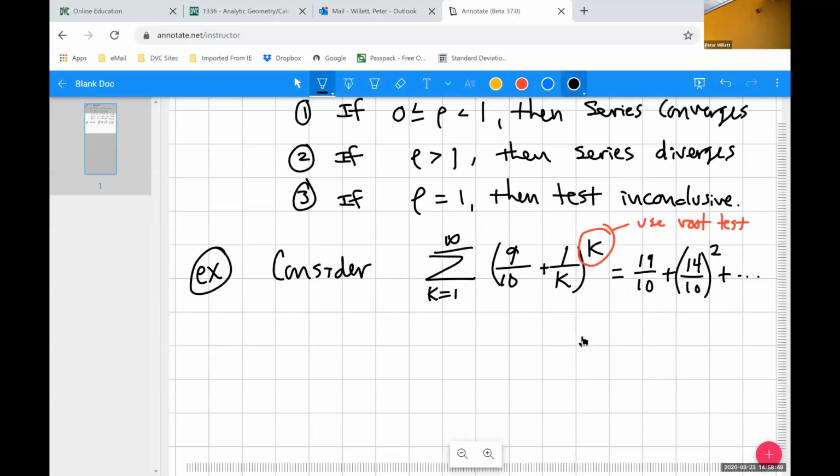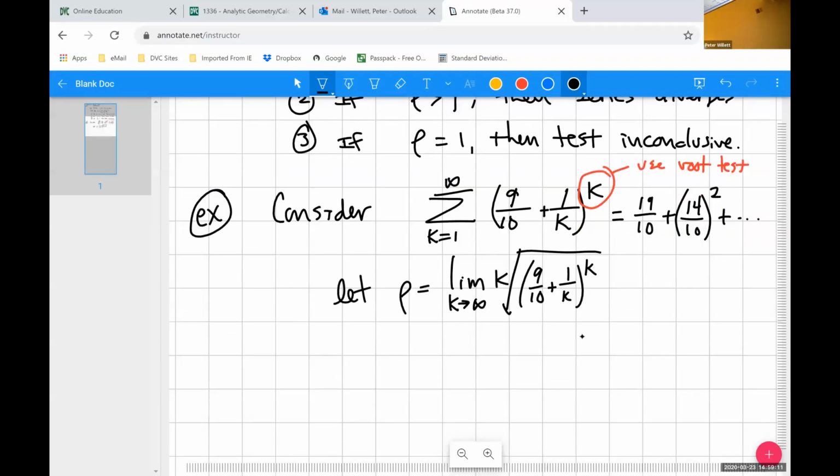So in order to do that, I would say, all right, let rho equal the limit as k tends to infinity of the kth root of 9/10 plus 1 over k to the k. So that simplifies nice and quickly.